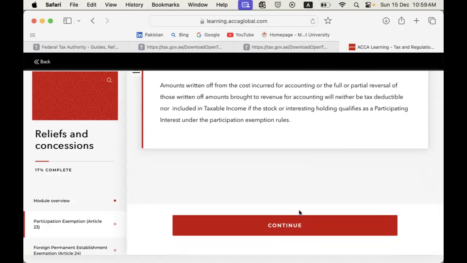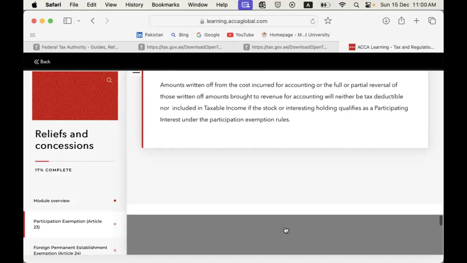So we should be careful about this matter, especially for listed entities. Quite a lot of treasury operations are there, and they invest excess funds into foreign companies or mutual funds. That's where we must be very careful.